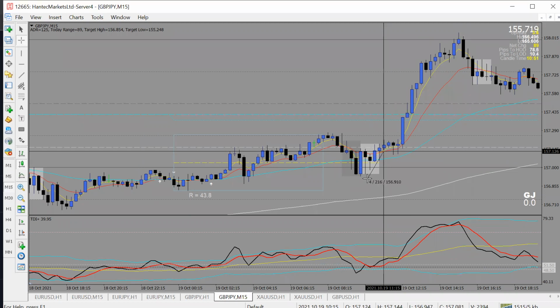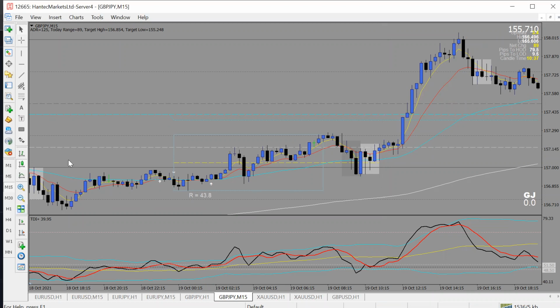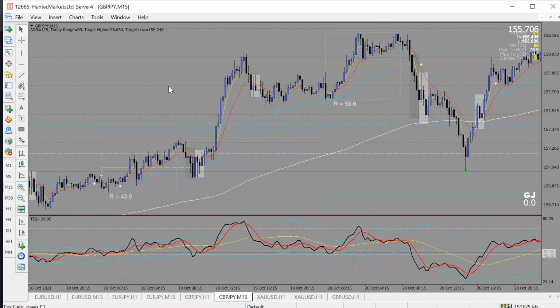For how many pips stop loss? 21 pips stop loss. This is more than 1 to 2. This is more than 1 to 3. So that is it for ID50. Let me see if we can see another example.